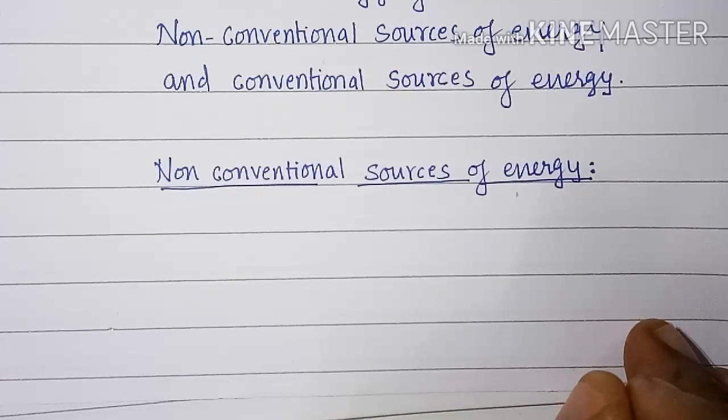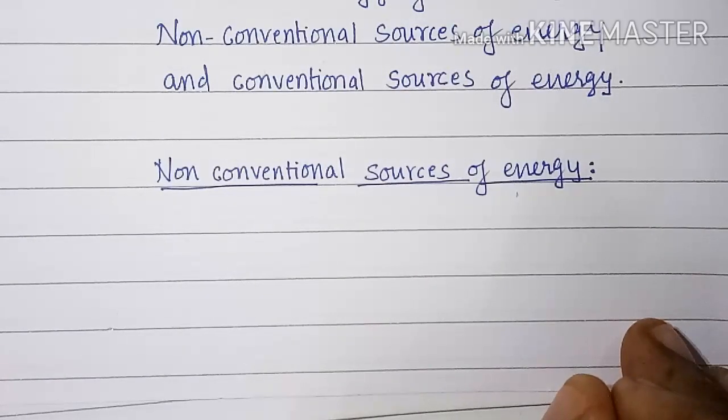These cannot be exhausted easily, can be generated constantly so that they can be used again and again. Examples are solar energy, wind energy, tidal energy, biomass energy, and geothermal energy. The energy obtained from non-conventional sources is known as non-conventional energy.